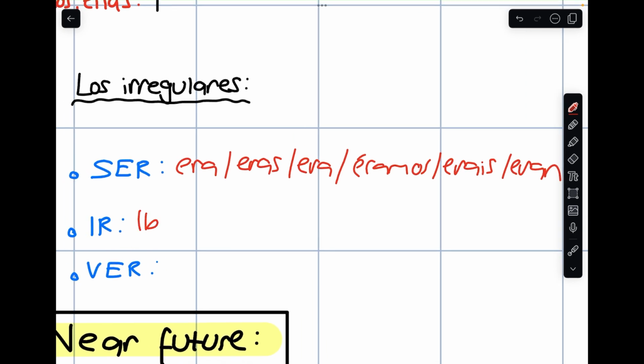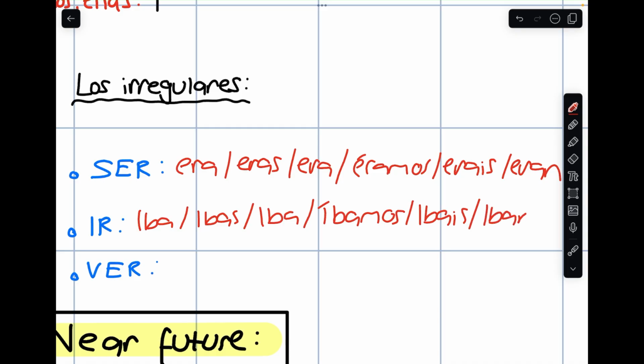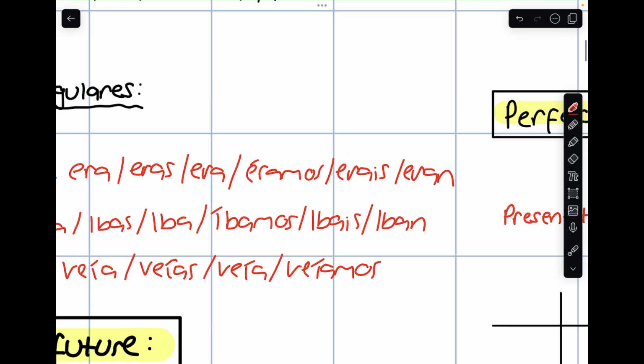Ir becomes iba, ibas, iba, íbamos, ibais, and iban. And ver becomes veía, veías, veía, veíamos, veíais, and veían.